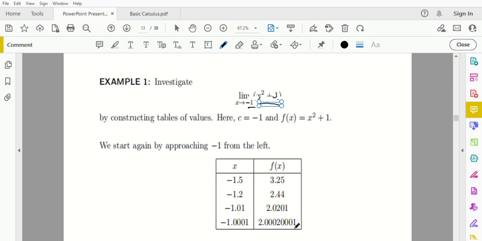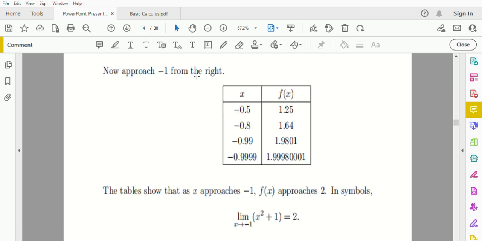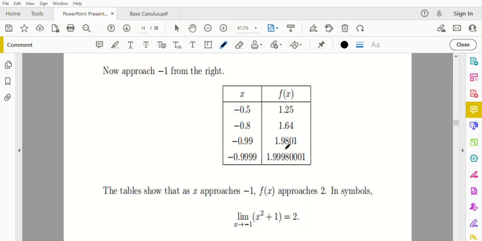What have you observed? The value, of course, approaches 2. Now let's have the values from the right of negative 1. By substitution, using x squared plus 1 as your f of x, you will arrive at these values.